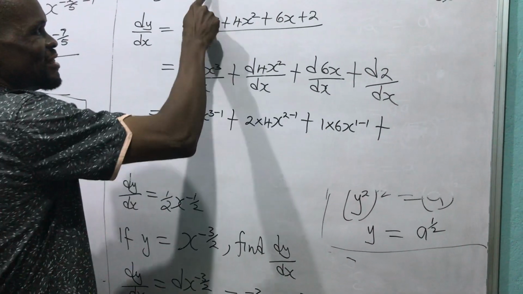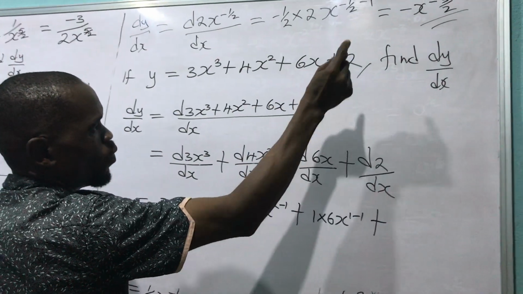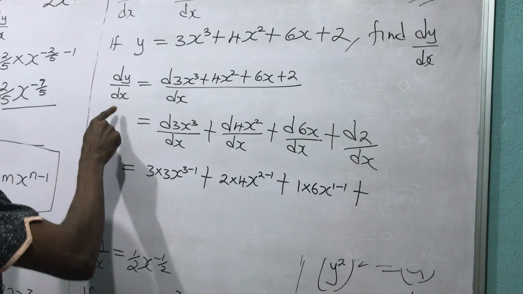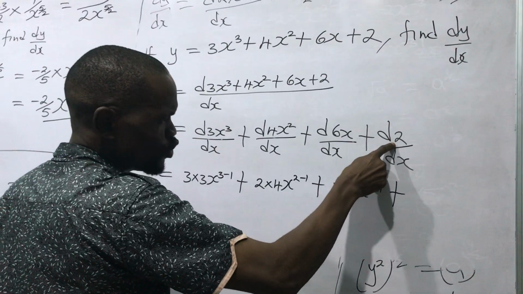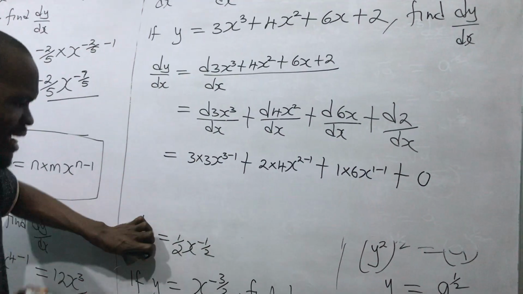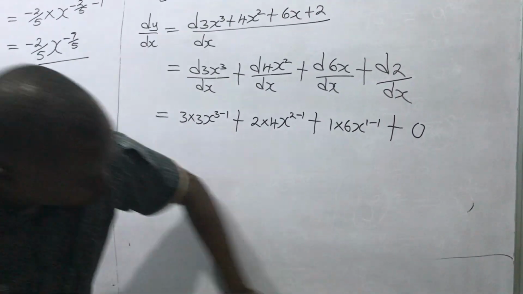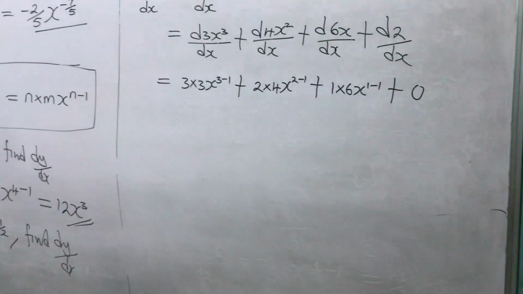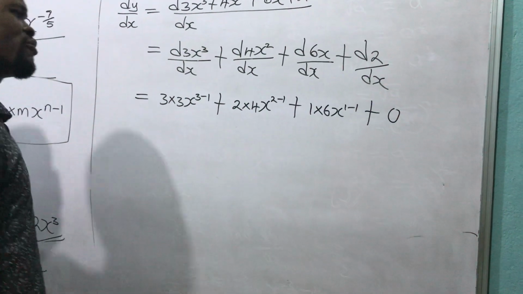So this term contains x, this term contains x, this term contains x, while the last one does not contain x, so it is a constant in this function. We are differentiating with respect to x, so the derivative of the constant with respect to x will give me 0. Why is it giving me 0? Because it's a constant, and we are differentiating a function y with respect to x. If you don't contain x, your derivative is 0.